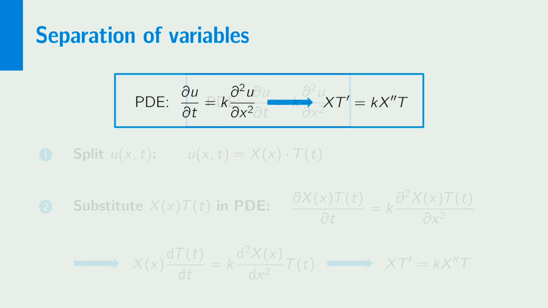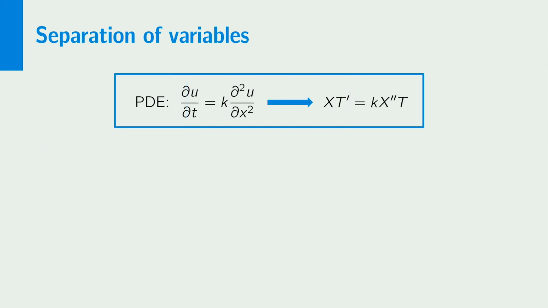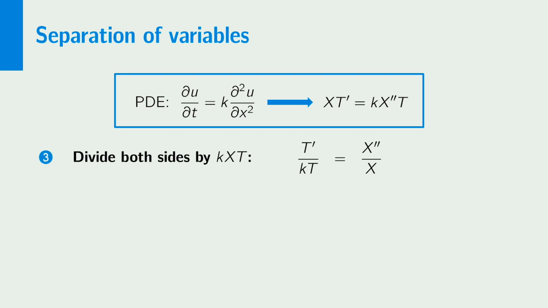Okay, we are now ready to separate the variables. Divide both sides of the equation by k times X times T, and now let's take a moment to think about this equation. The left-hand side is purely a function of time, whereas the right-hand side is purely a function of position. What happens if we change the value of time on the left-hand side? Well, clearly the right-hand side is not a function of time and must stay constant.